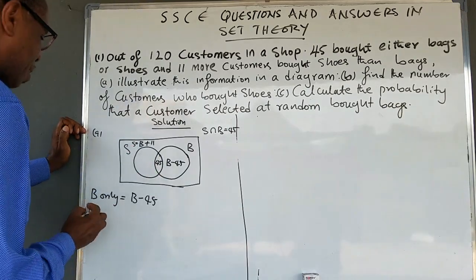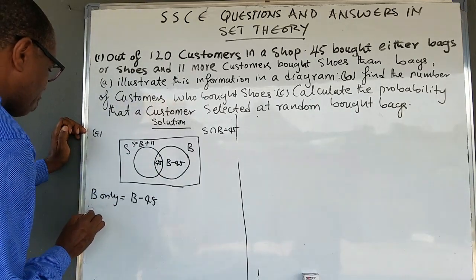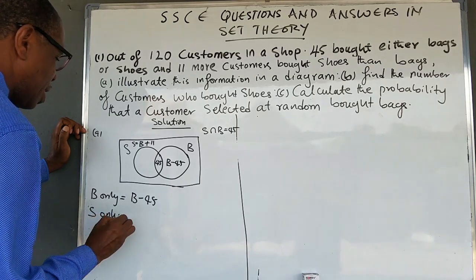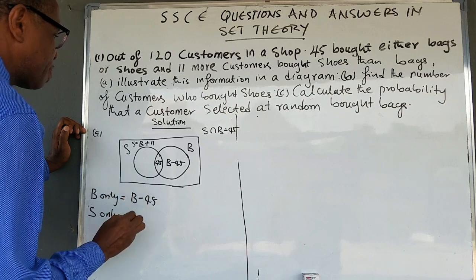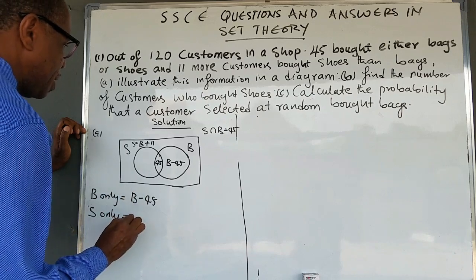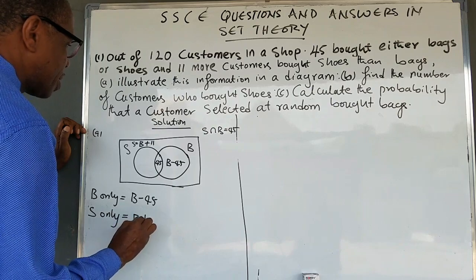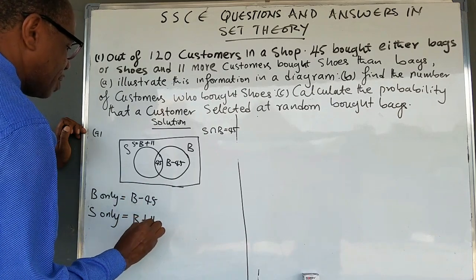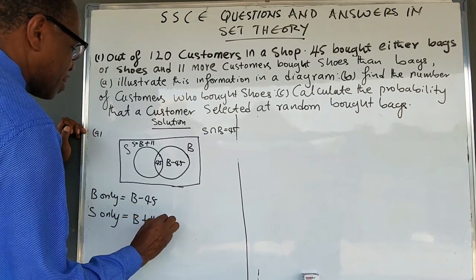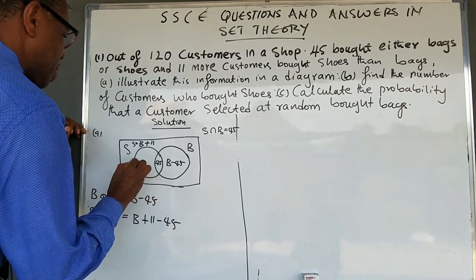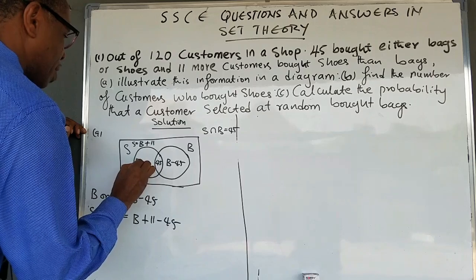So coming here now, those that bought only shoe, which is called X only, is going to be B plus 11 minus 45.